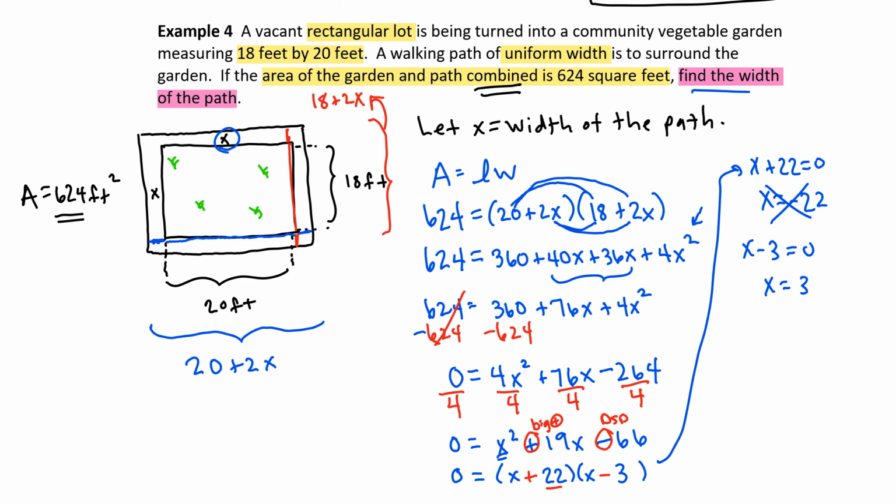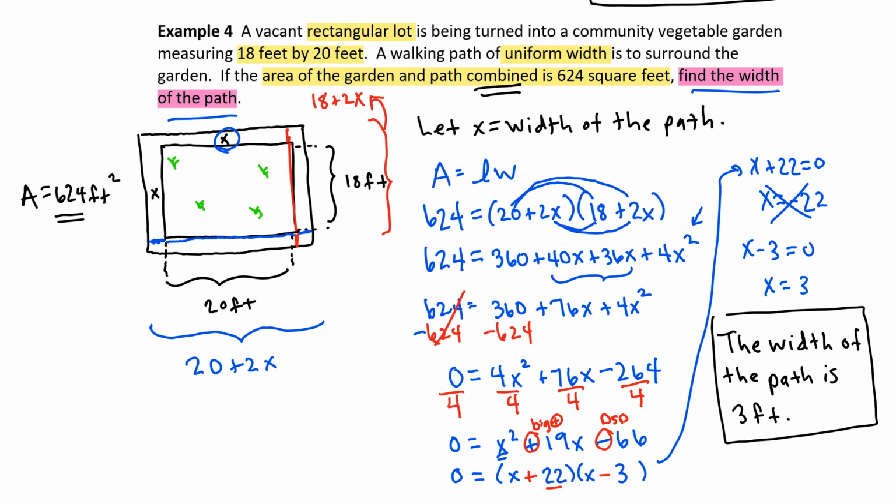That was all that the question asked for, so we have found the necessary information. We can say, therefore, the width of the path is 3 feet. Make sure you always include units with your response.